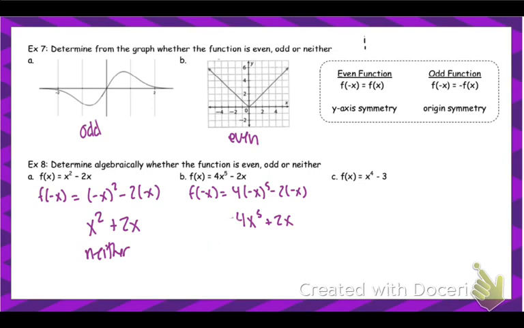So that means that this function is odd. All right, then looking at C. Let's go ahead and evaluate this by plugging in -x. So this would become, if I use -x to the 4th power, that becomes x to the 4th. And I end up with the exact same as the original function, which means that this is an even function.